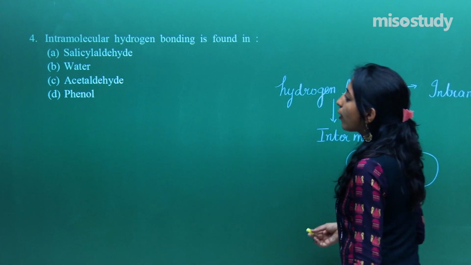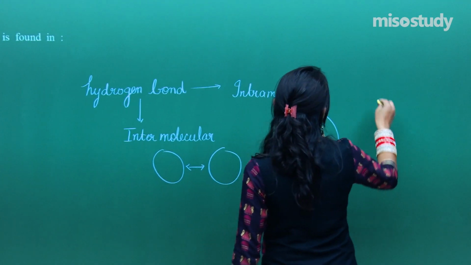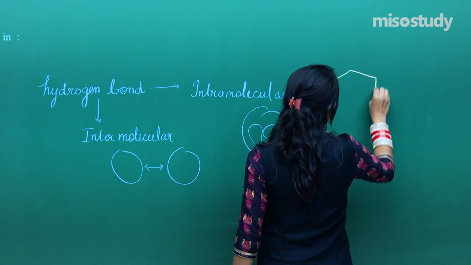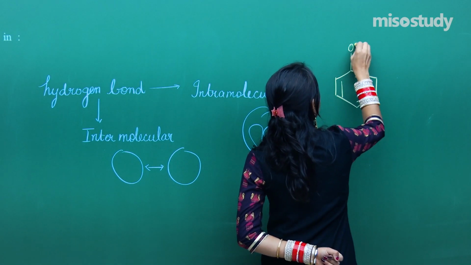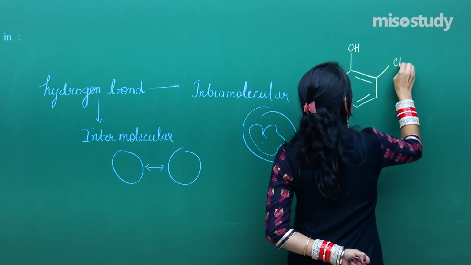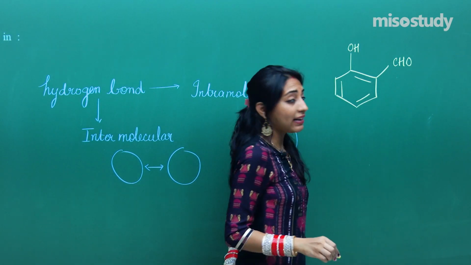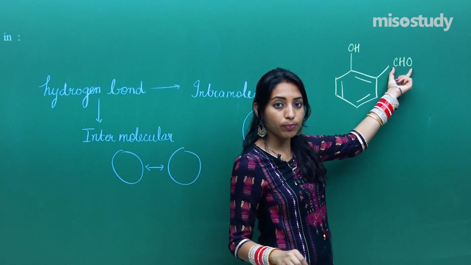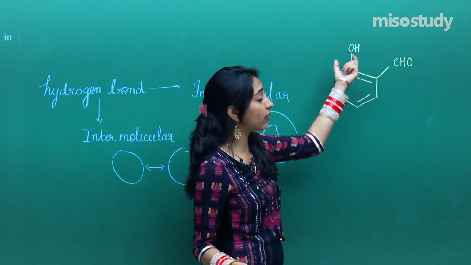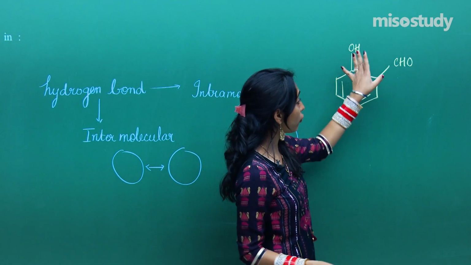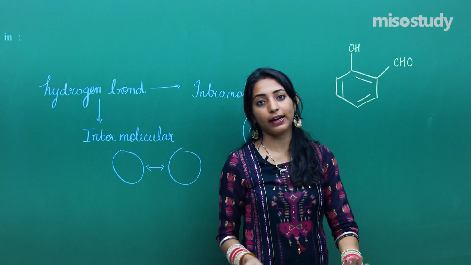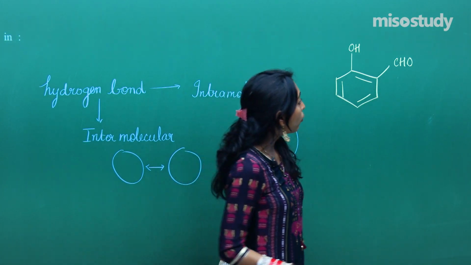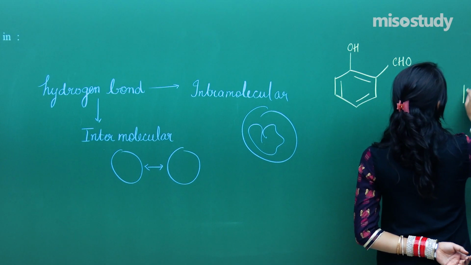The first compound that is given to me is salicylaldehyde, which is a compound like a CHO or an aldehyde group is there at one position in the benzene ring, and at the ortho position you are having an OH group. So it's a phenol as well as aldehyde group. Now can we see that there is hydrogen bonding here?